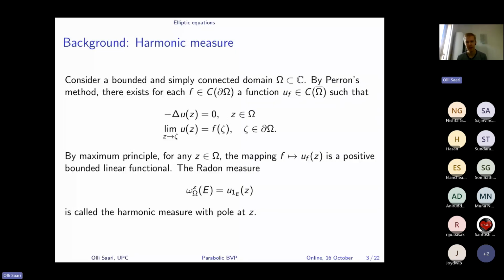Okay, so now we have this harmonic measure. And of course, it was originally defined for continuous functions, but because it's a measure, we can define it on measurable sets. So it is indeed a measure. The properties of measure are related to the linearity of the equation, basically. Okay, and then what about the harmonic measure?